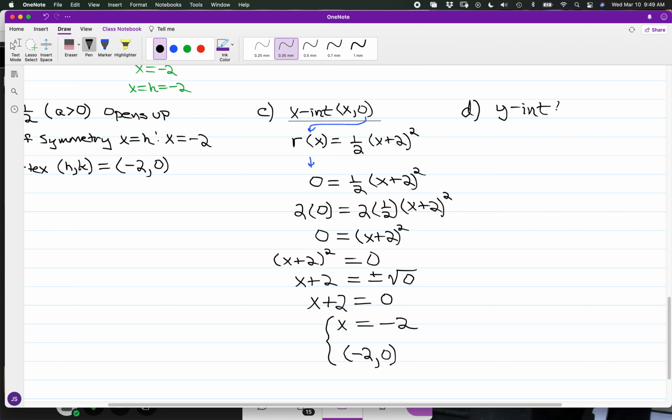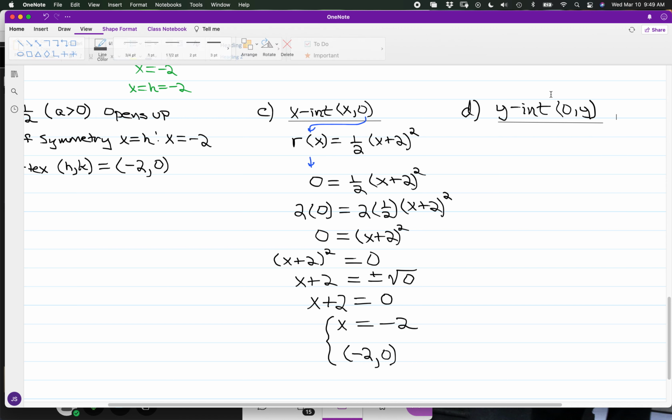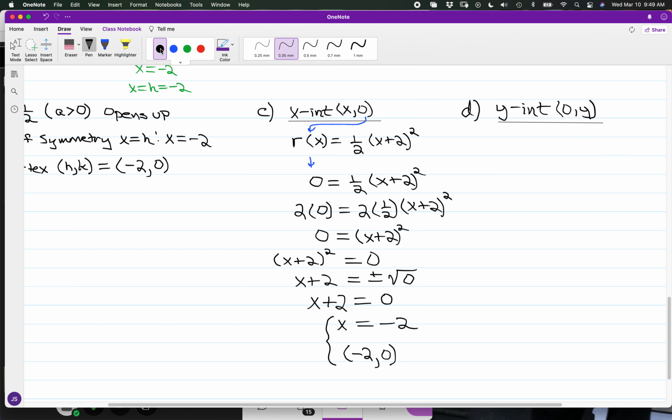And regarding the y-intercept, again, we're solving for y as x is set to 0. So we have y is equal to r of x, where x is going to be set to 0.